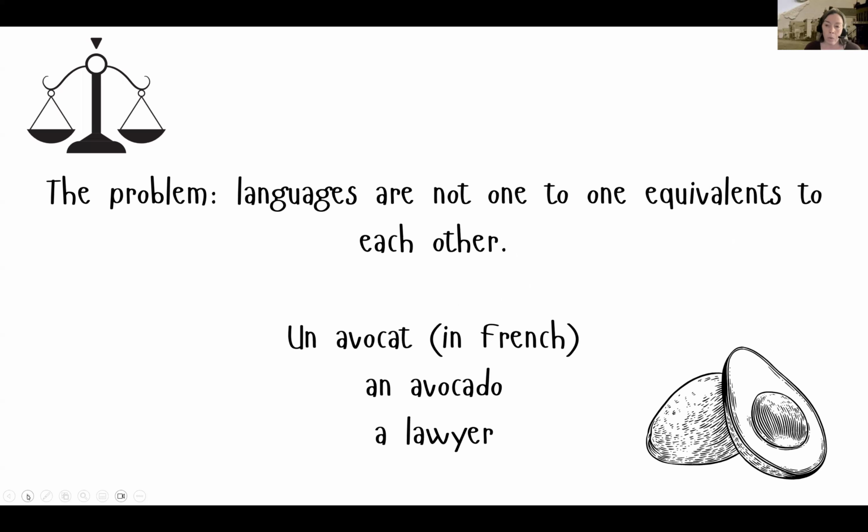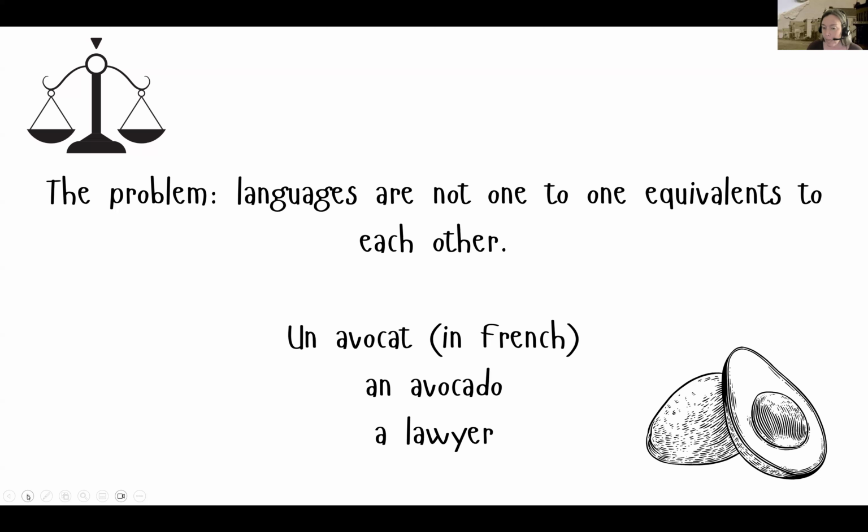Languages are not one-to-one equivalents to each other. This is one of my favorite examples just because it's so opposed. The term avocat in French can translate as an avocado or a lawyer. Same word, different meanings. You would probably catch this one because it is such a different meaning, but there are other words where, for example, an occupation had two different meanings because the word's meaning changed over time.